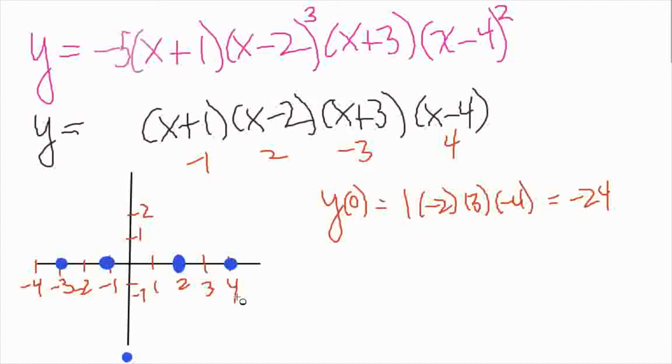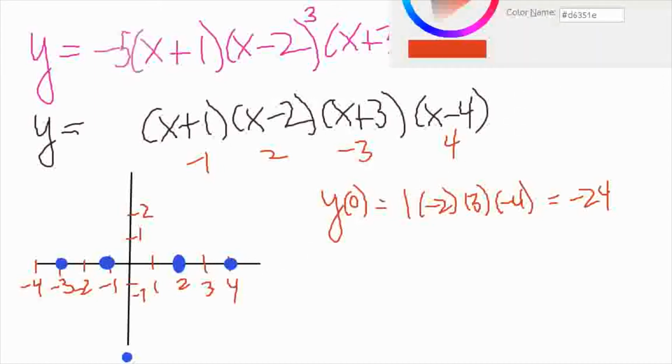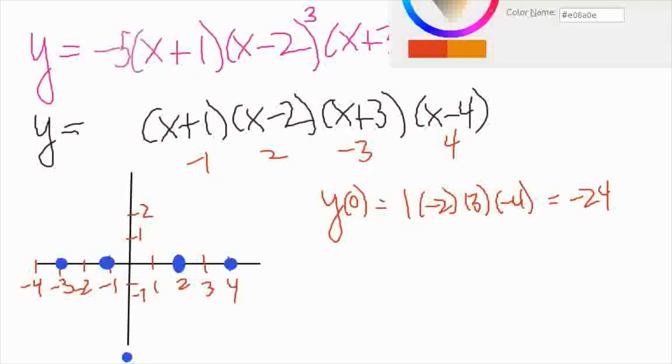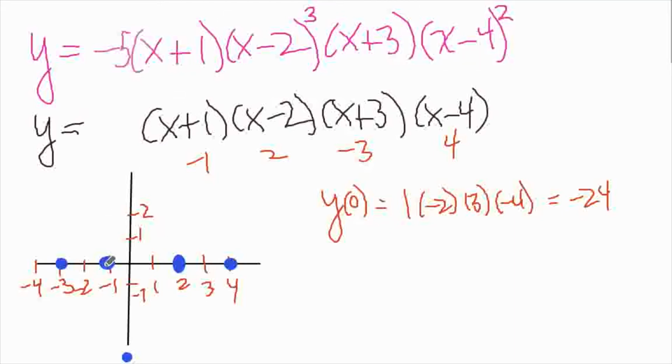Now you can connect those points, and voila, we just did magic. We found the graph of a complicated high-degree polynomial. The part with the y-intercept is going to look like the following. It's going to have to come down to the y-intercept and then go up, and then it's going to have to bend down to go through the x-intercept at x = 4.